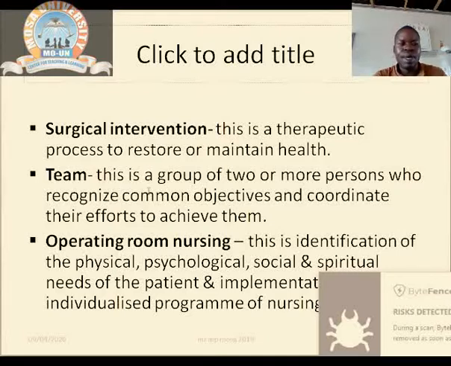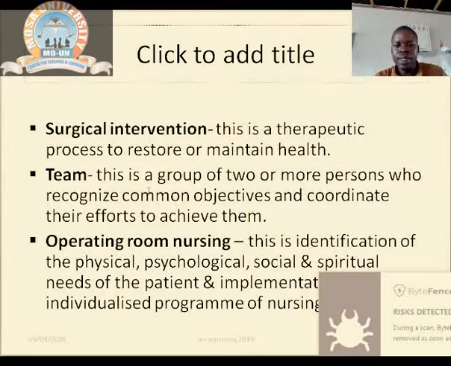So this team, like for instance, the anesthetist, the theatre nurse who happens to be the scrub nurse, and the surgeon. These three people, including the porter, coordinate together to ensure that the operation is carried out nicely.